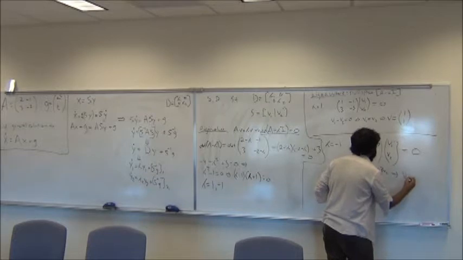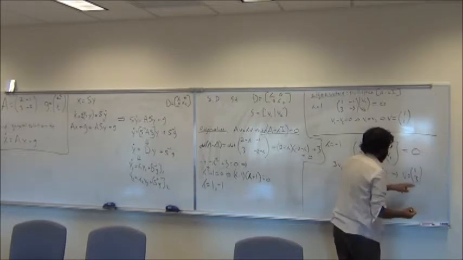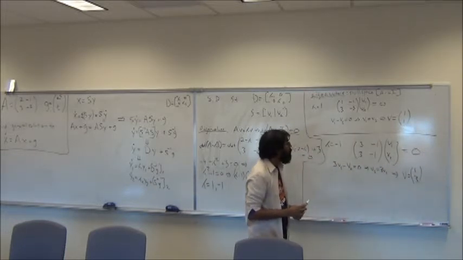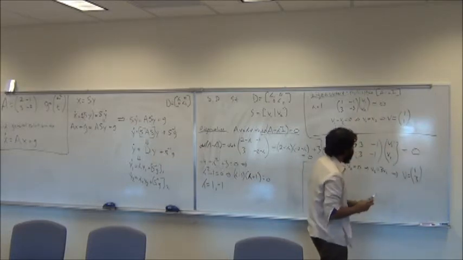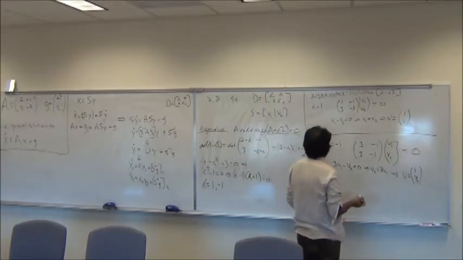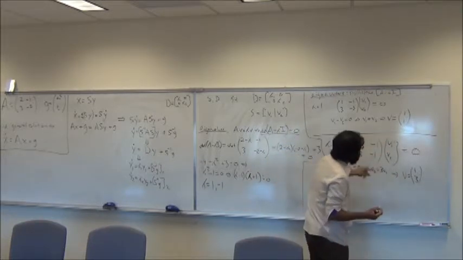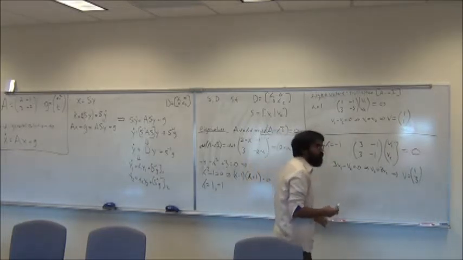So our eigenvector for this eigenvalue is this vector or any multiple of this vector. So the null space is spanned by this vector. And so what we have are eigenvalues and the eigenvector associated with each one.